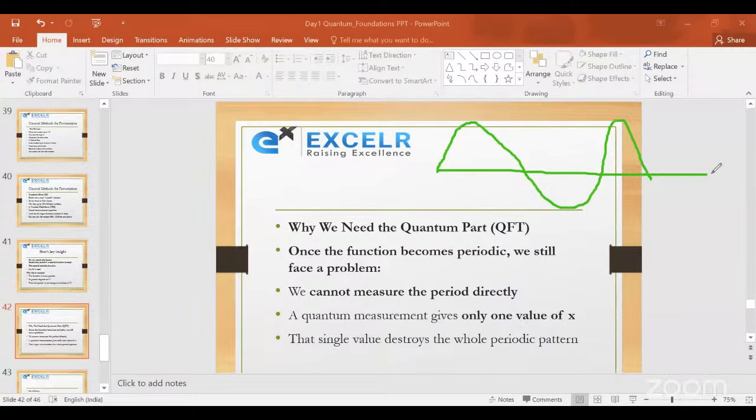On the y-axis there is a count of the amplitude, how much amplitude there is. On the x-axis there is a count of distance, or we can say periodicities: x equal to 1, 2, 3, 4, 5, like that.